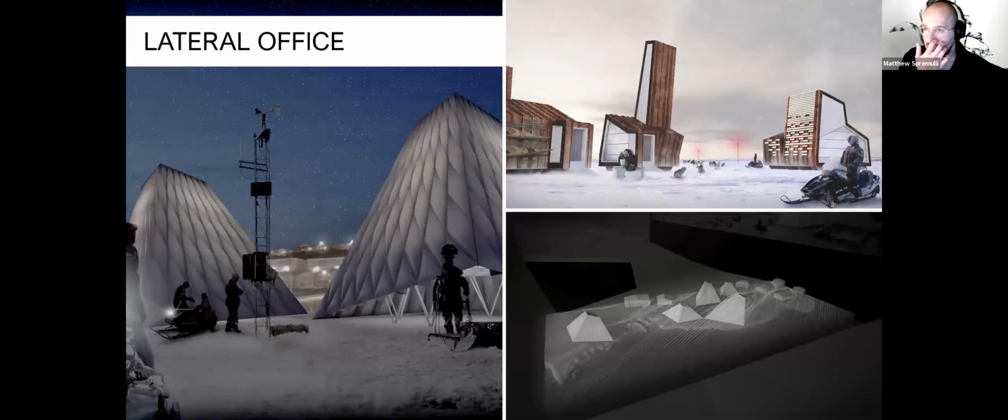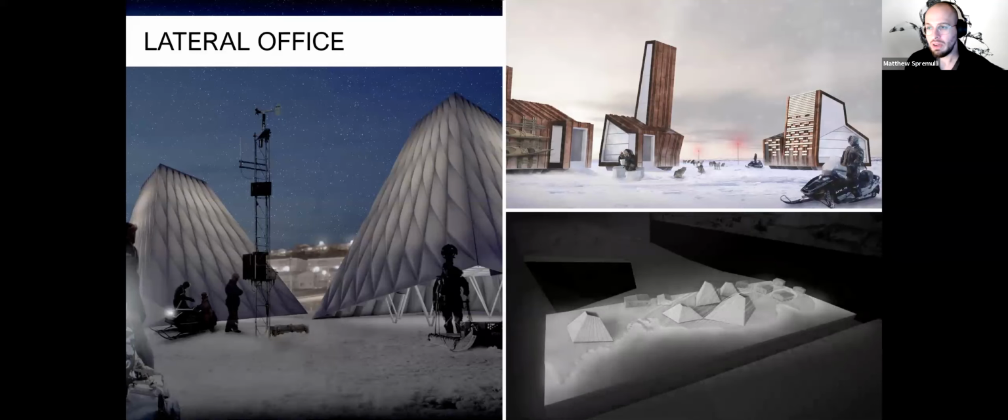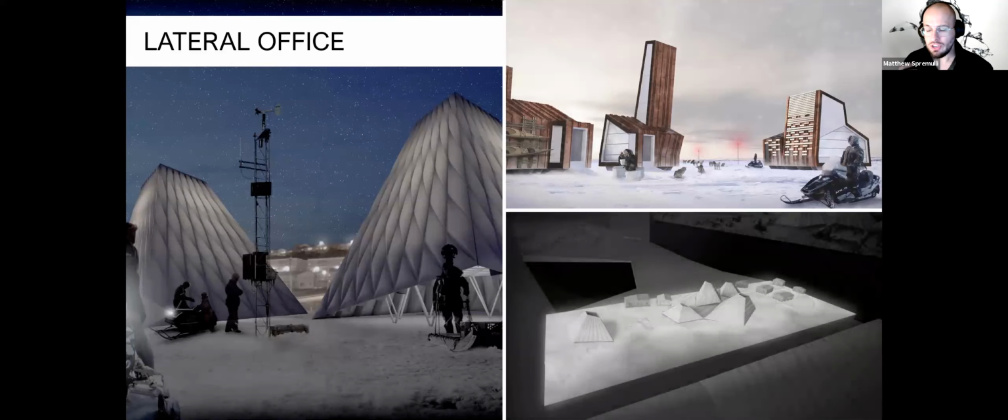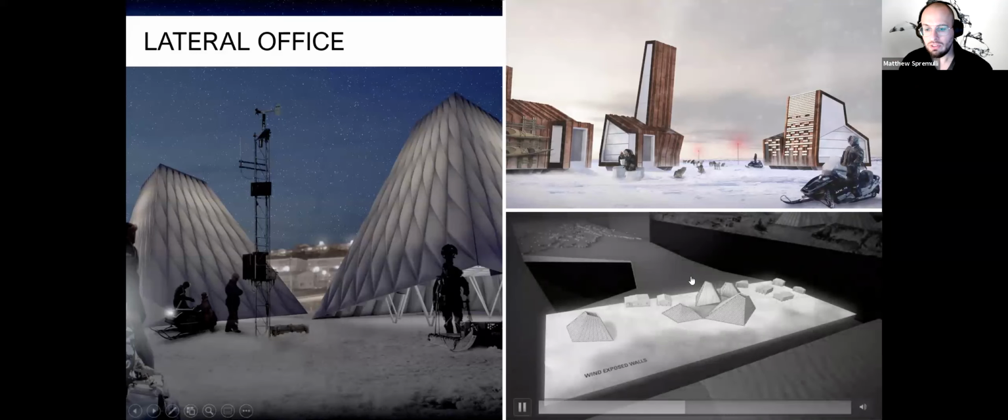So generative design for me, I can always say that I really wish I had these kinds of tools. These are some examples of my previous work. This is when I was with an office called Lateral Office, imagining what Canada's Arctic would look like from a design perspective. You can see that a lot of the designs are meant to have a performance element.